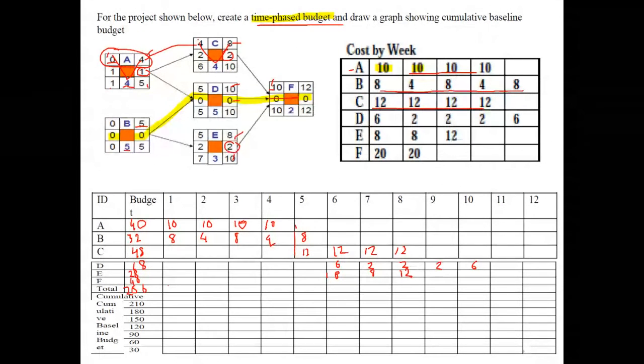So for week 1 of our project, in total we are receiving 18 grand. Week 2 we are receiving 14 grand. Week 3 we have a budget of 18. For week 4 we have a total budget of 14,000. And basically I'm just doing a summation of all the columns.